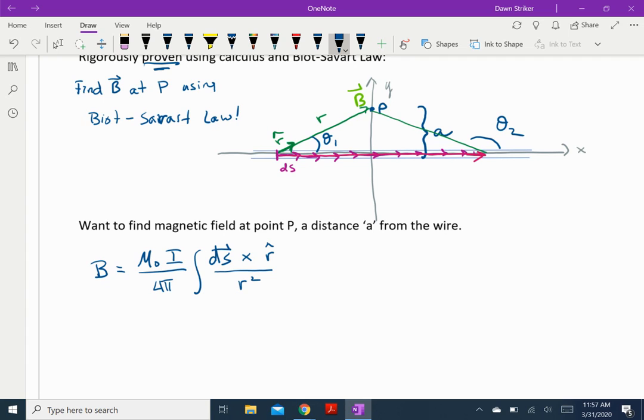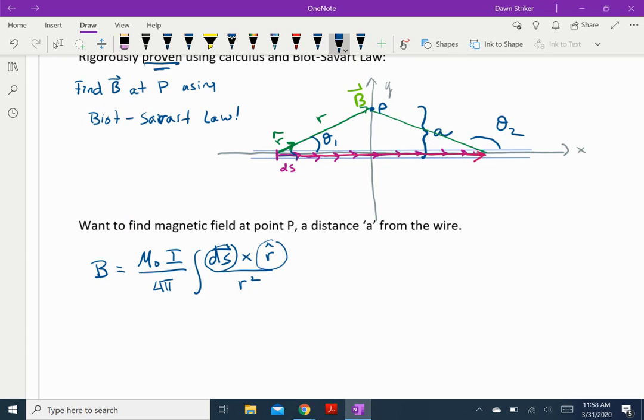That's what I really have, all right? Now let's think about these things. ds is along the x-axis, so I'm going to call it dx. r hat has a size of 1, so I'm going to substitute in a 1.